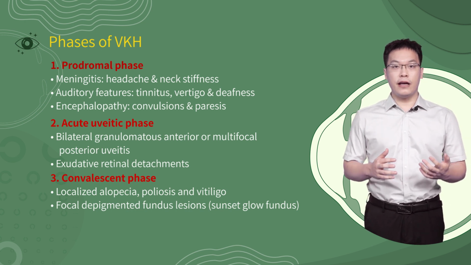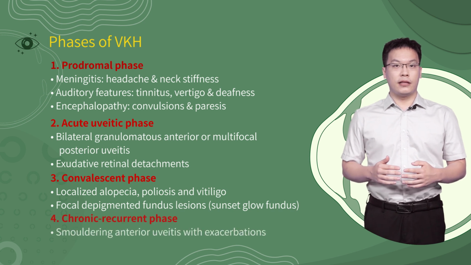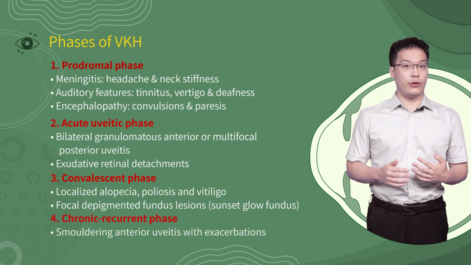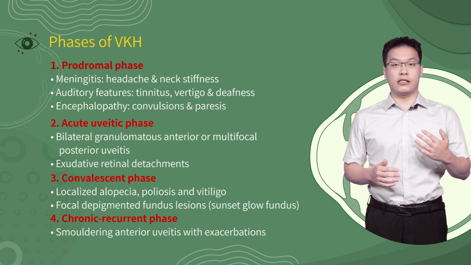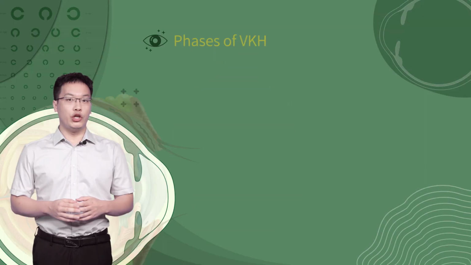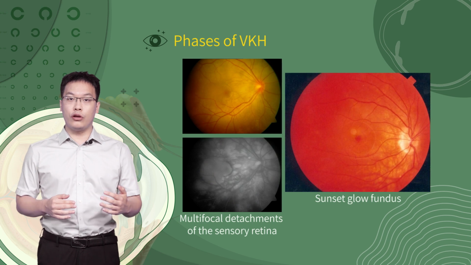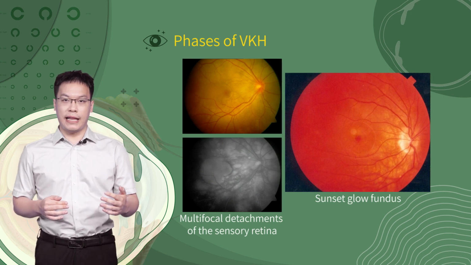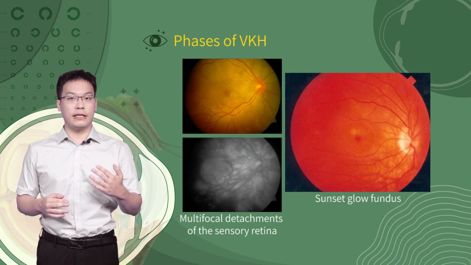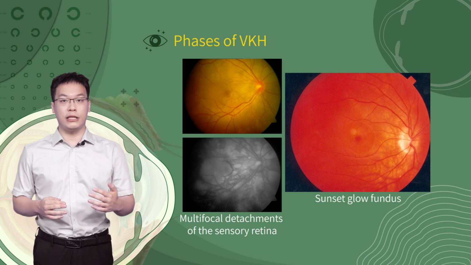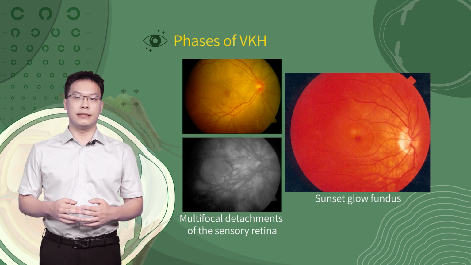In the final chronic recurrent phase, the patient has smoldering anterior uveitis with exacerbations. Posterior uveitis occurs in patients with Harada disease and is frequently bilateral. You may find a diffuse choroidal infiltration and papillitis, multifocal detachment of the sensory retina, and disc edema.